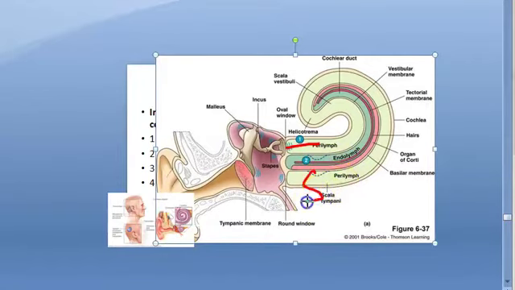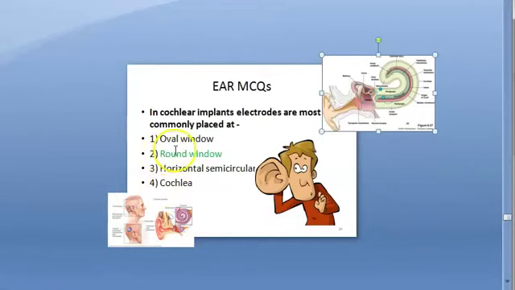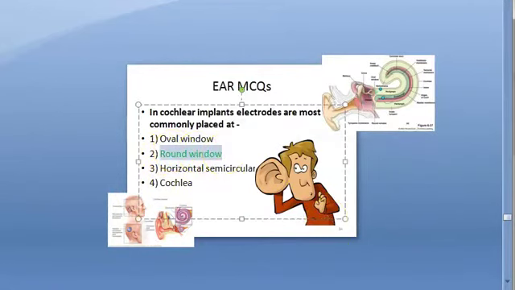The fluid in the scala tympani also will move towards the round window. Because of this, there is a wave in the basilar membrane towards the helicotrema. So basically this is the travelling wave theory. Okay, so round window is where you will place the electrode in cochlear implant.